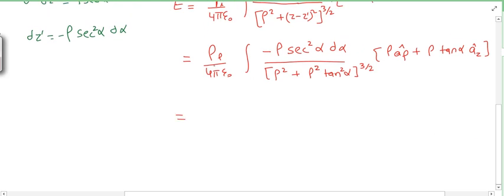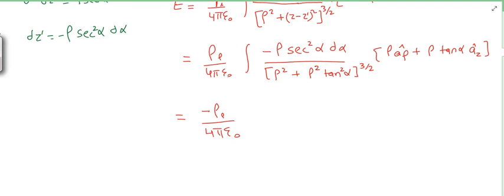I can take the minus sign common, so it will be minus rho L by 4 pi epsilon naught. After that, here rho I can take common, multiplied by this integration.